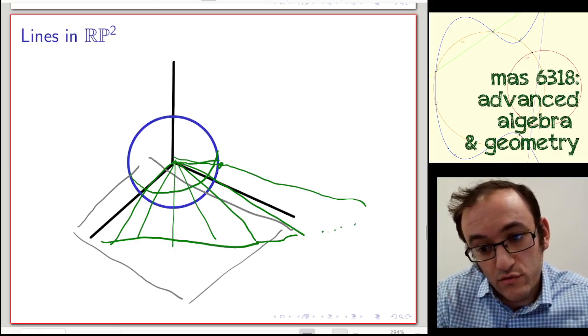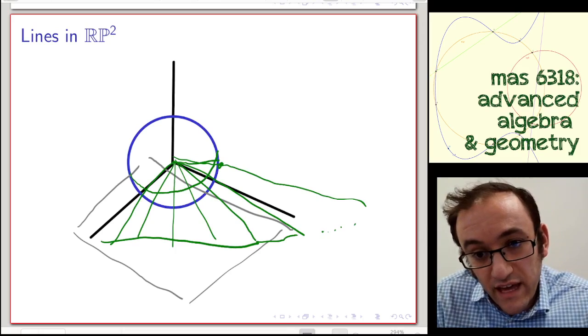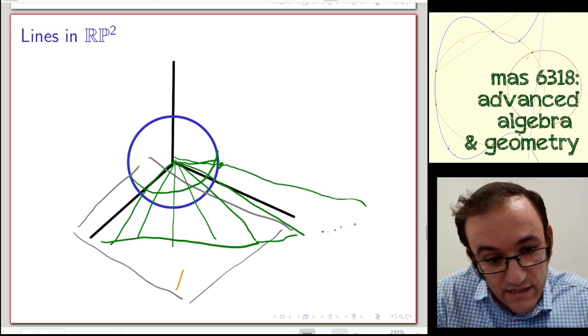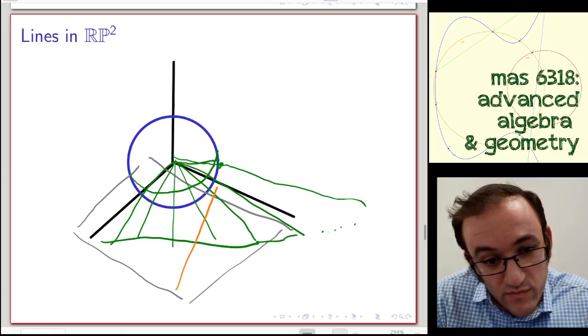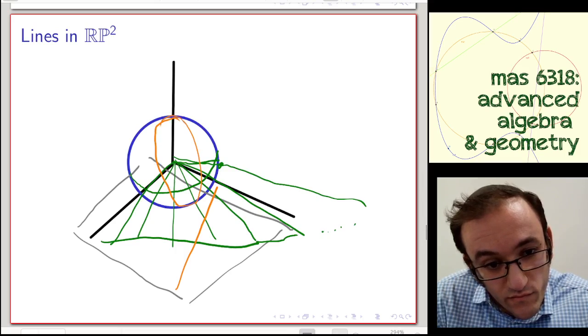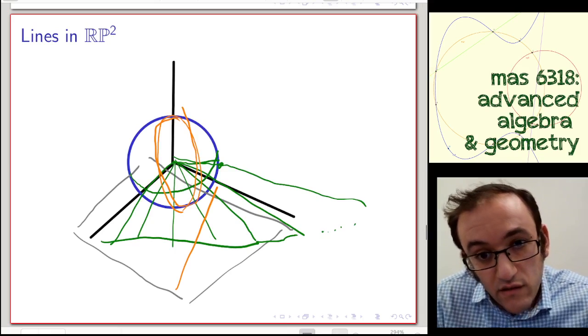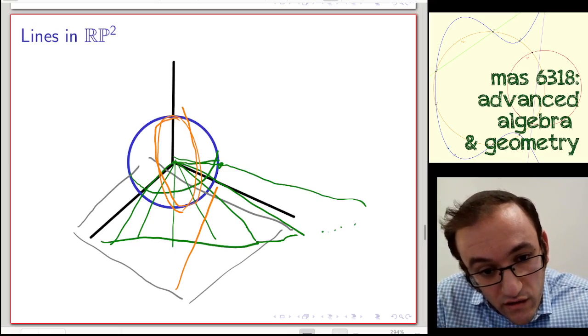If we draw a line that intersects this one, well, then the corresponding circles are also going to intersect. Let's say they intersect at this red point here.